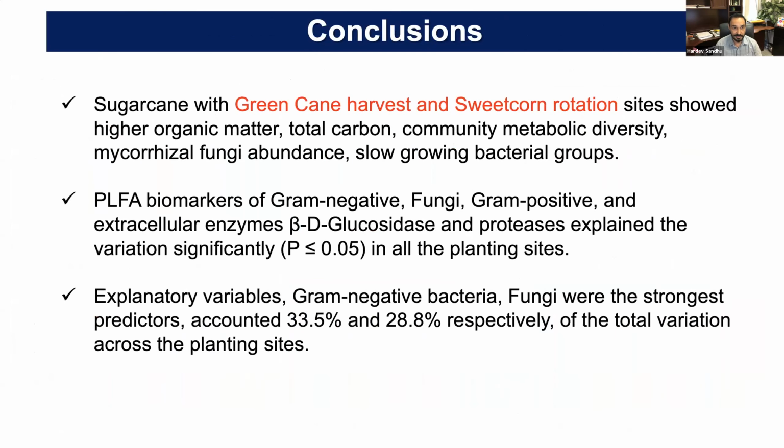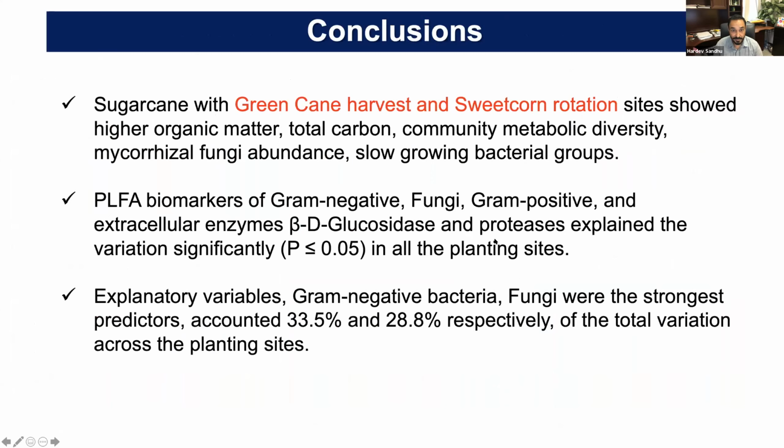So what we found is that green cane harvest or sweet corn rotation showed higher organic matter, total carbon, community metabolic diversity, mycorrhizal fungi abundance, and slow growing bacterial groups.